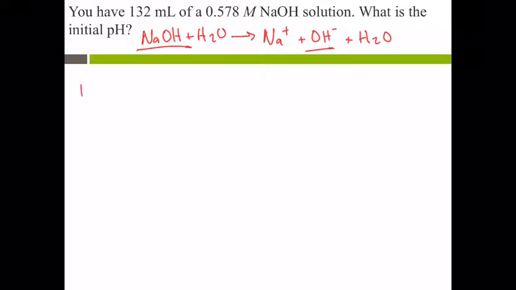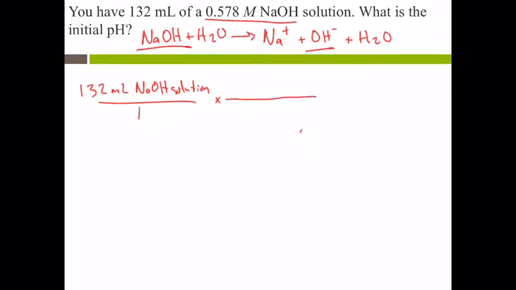So let's go ahead then and say we have 132 milliliters of NaOH solution as our starting quantity. What do we do in order to find the number of moles? Luckily we have a conversion factor that allows us to go from liters to moles, so once again I'm going to write this out and make sure to expand all the units that are hidden in molarity.